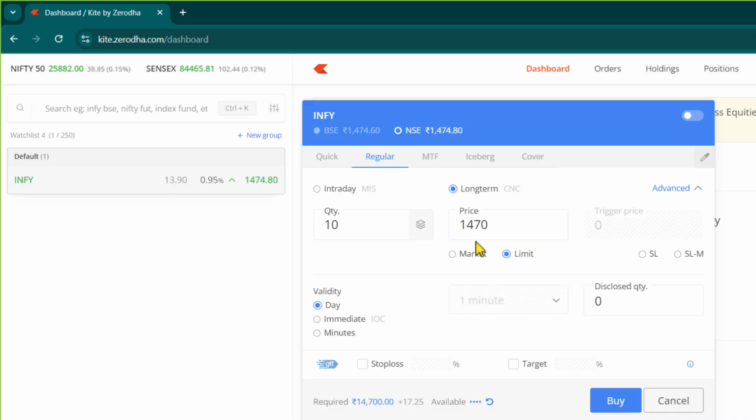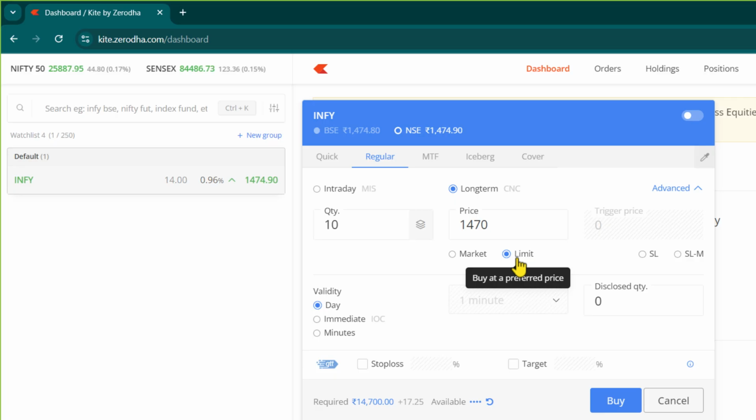Right now, the price of one share of Infosys is 1475 rupees. But if it comes to 1470 rupees, then at that price buy 10 shares. That is what I am saying by using limit order.